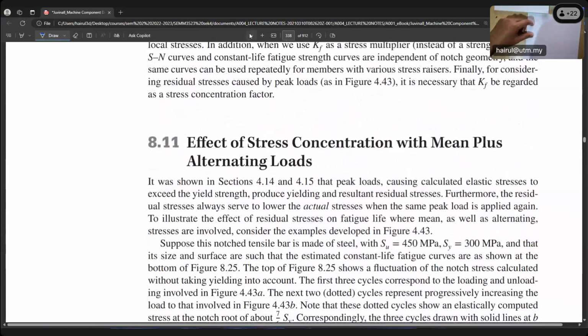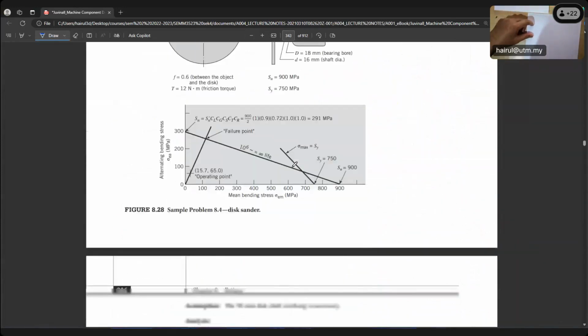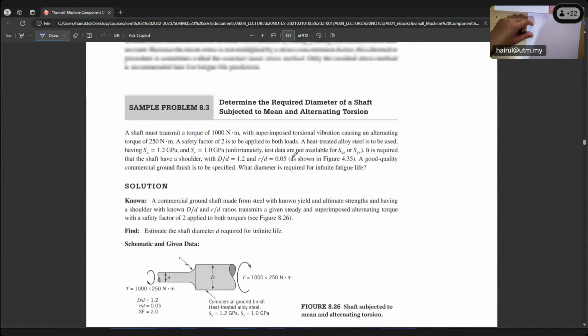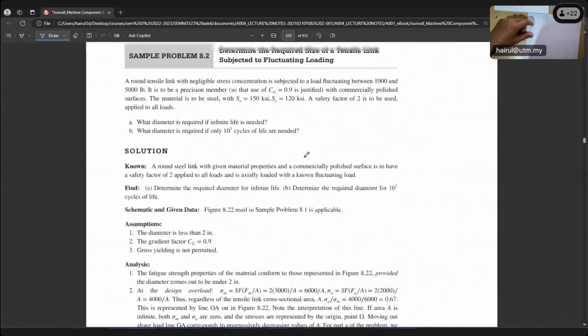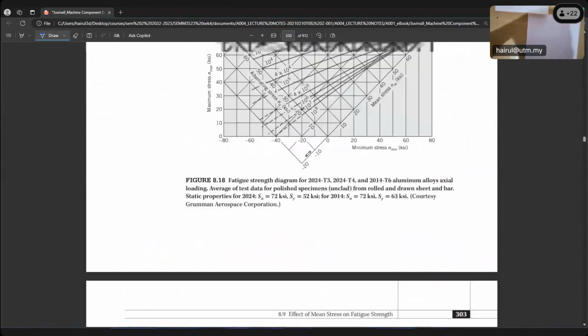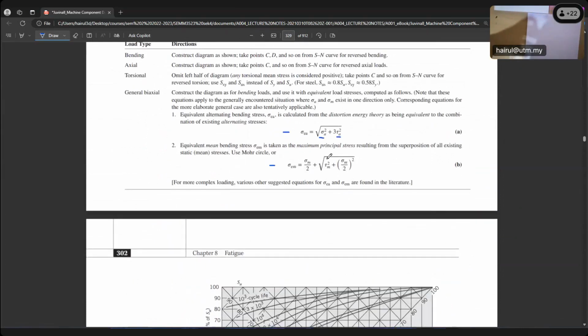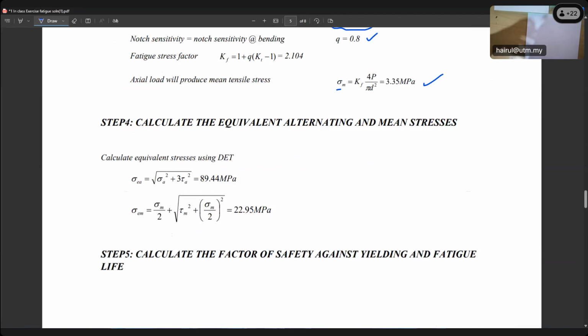You can take note of the formulas for sigma EA and sigma EM. Where is it? This one, table 8.2.